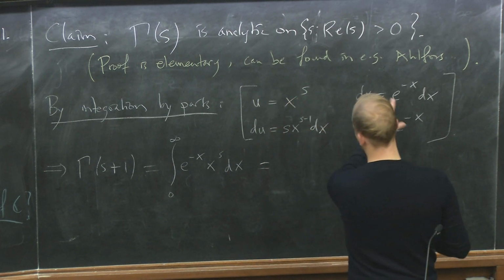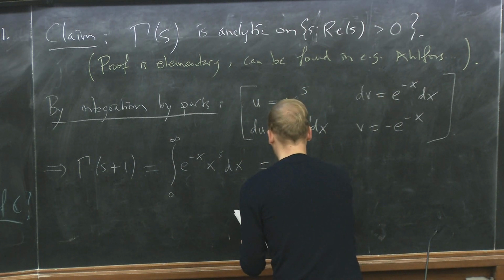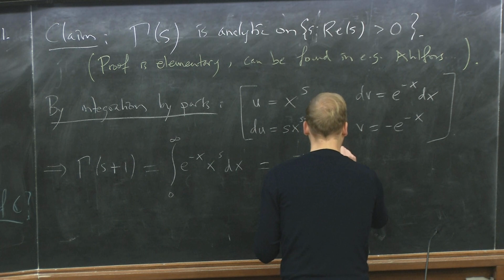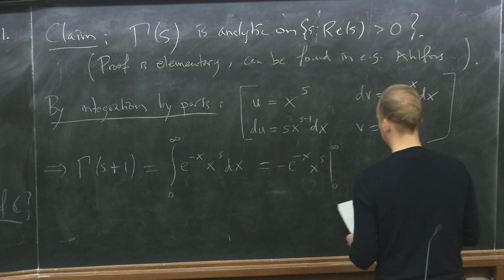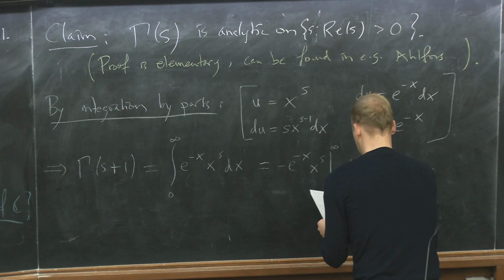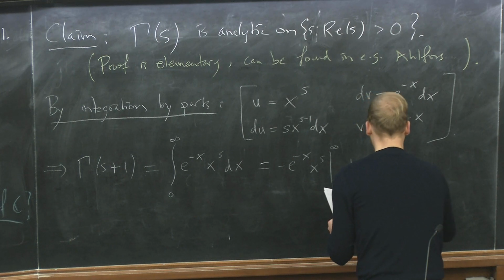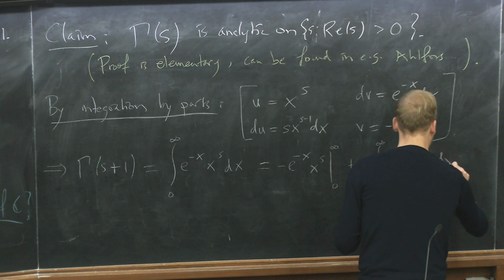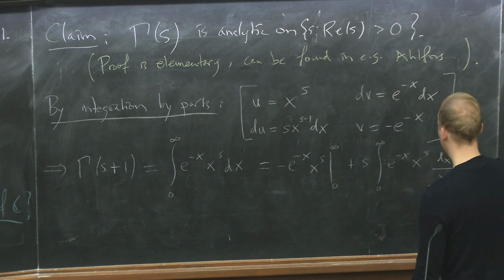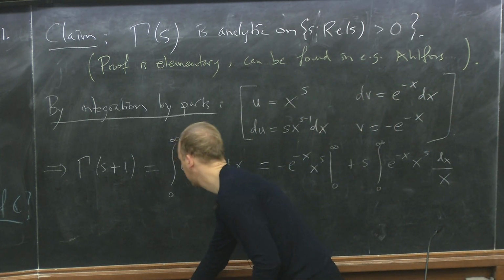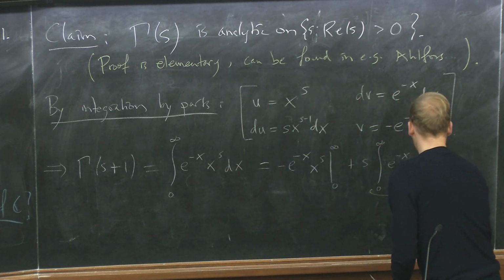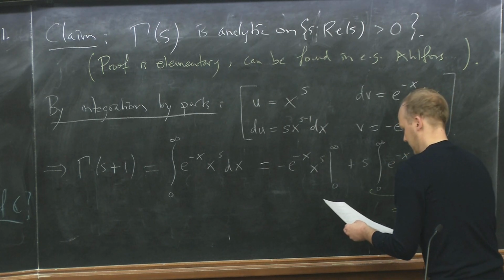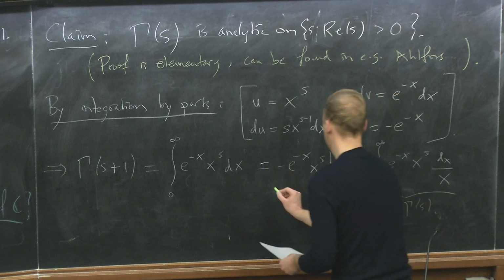And now using the integration by parts, we get minus e to the minus x, x to the s, evaluated at 0 and infinity, plus s times the following integral. The integration is over x, as usual. And this integral is equal to gamma of s. And this boundary term will be equal to 0.